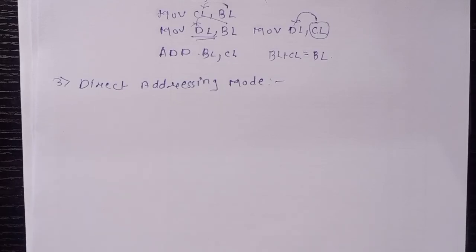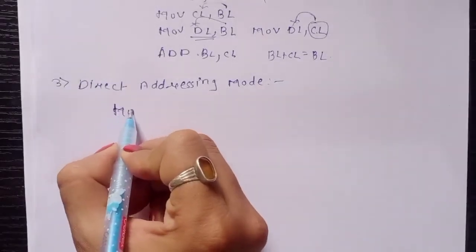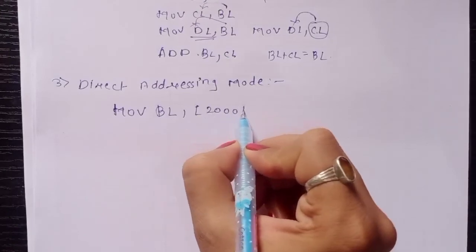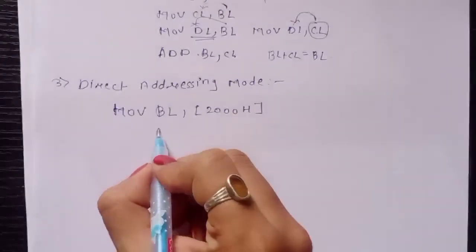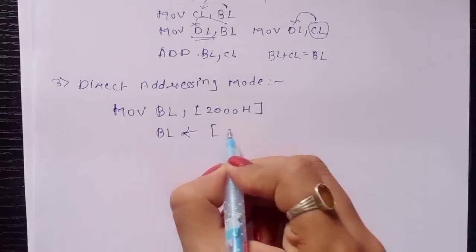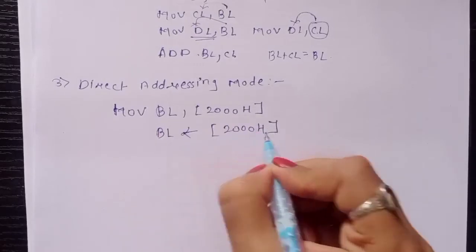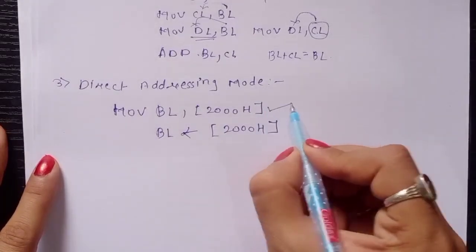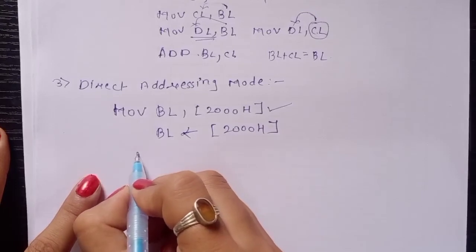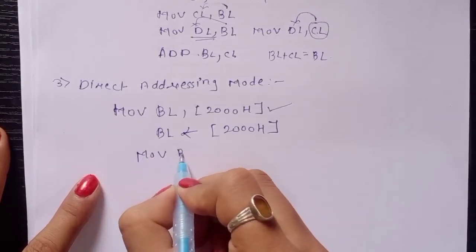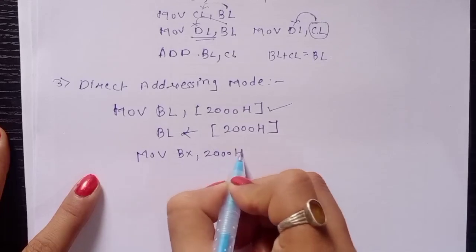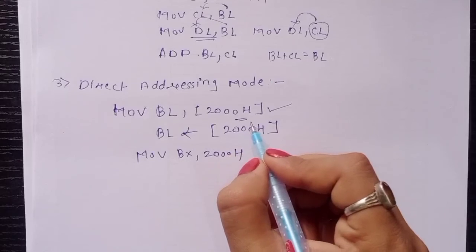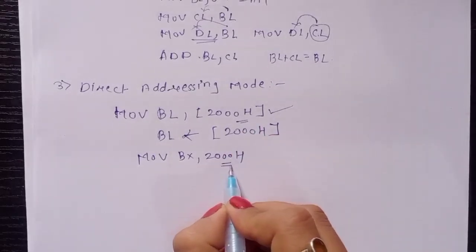Let's say MOV BL, 2000H. That means BL will get 2000H. Now look at this instruction and also look at this instruction. Here also 2000, here also 2000.